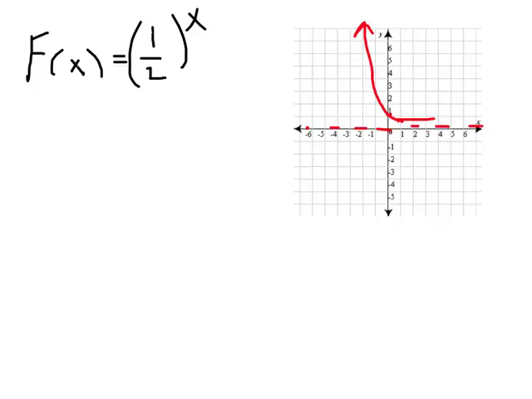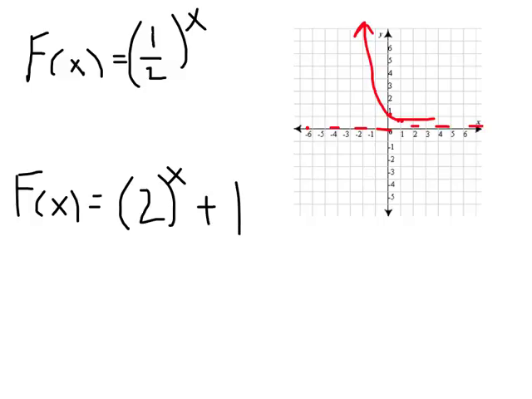However, you can do the same transformations to them that we saw earlier. So if you had something like f of x equals 2 to the x power plus 1, that plus 1 is on the outside, so we would move the exponential function f of x equals 2 to the x up 1.